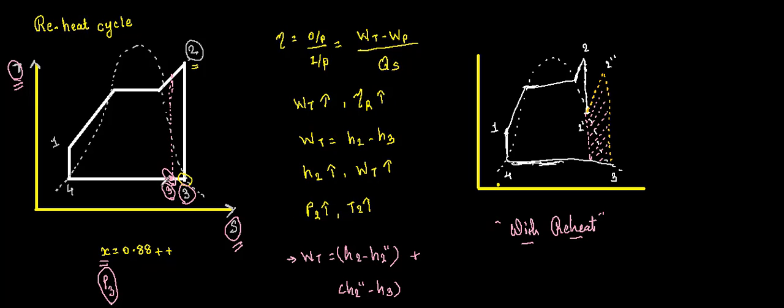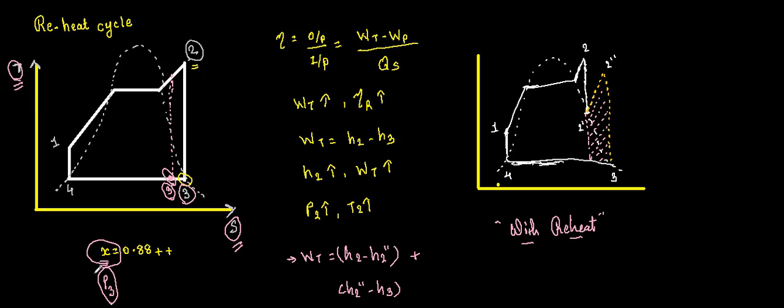So this point number 3 can have a dryness fraction of 0.88. Why is the limitation 0.88? As per the research, it is concluded that if the dryness fraction falls below 0.88, then there are chances of cavitation in the turbine. So that's why we need to improve this dryness fraction at the end of the expansion process.